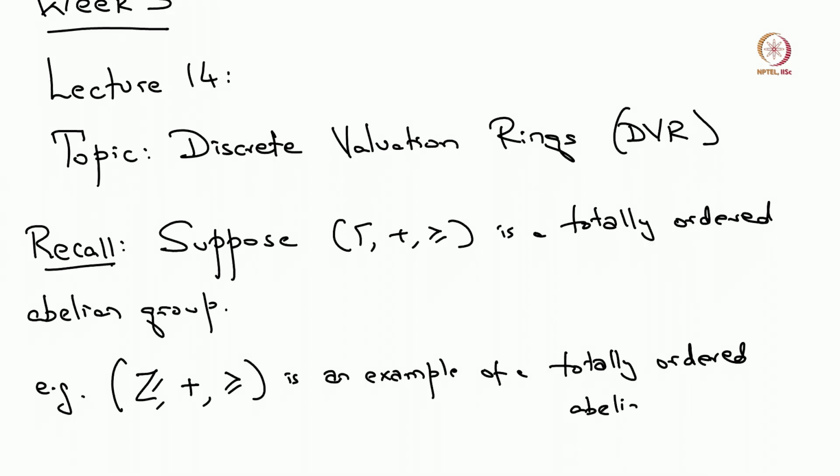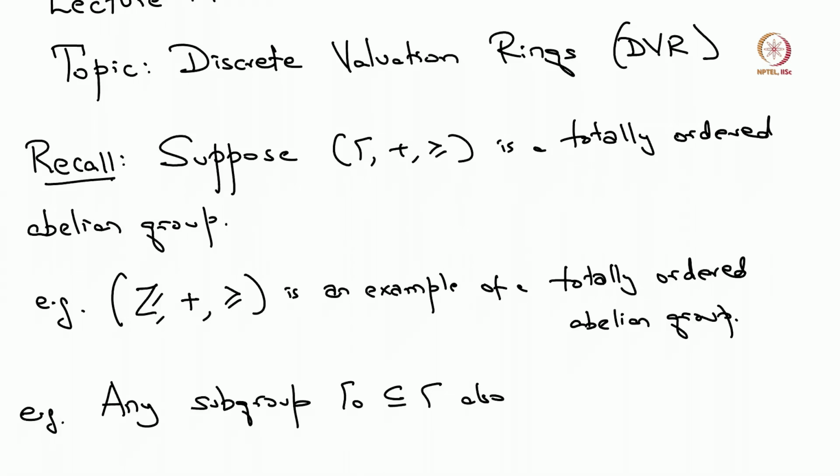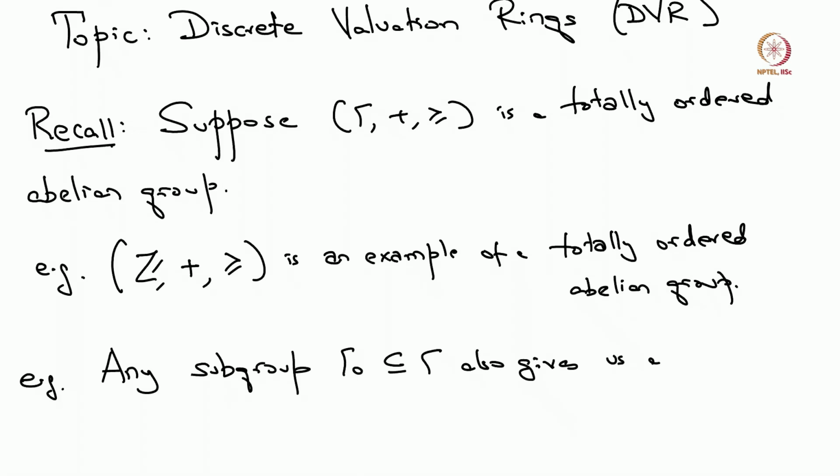In fact, if you start with a totally ordered abelian group, any subgroup gamma naught inside gamma is also a totally ordered abelian group.